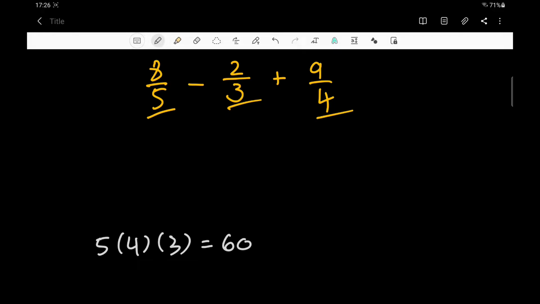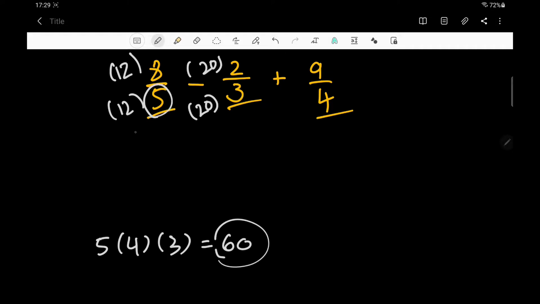So we're going to multiply the first fraction by 12 because 12 times 5 is 60, and the second one by 20 because 20 times 3 is 60. By the way, if you want to find out the number, 60 divided by 5 will give you 12.